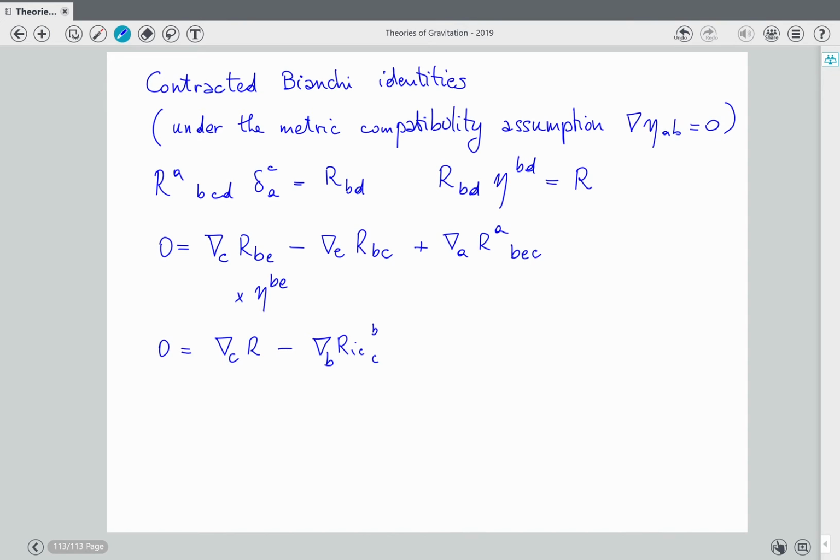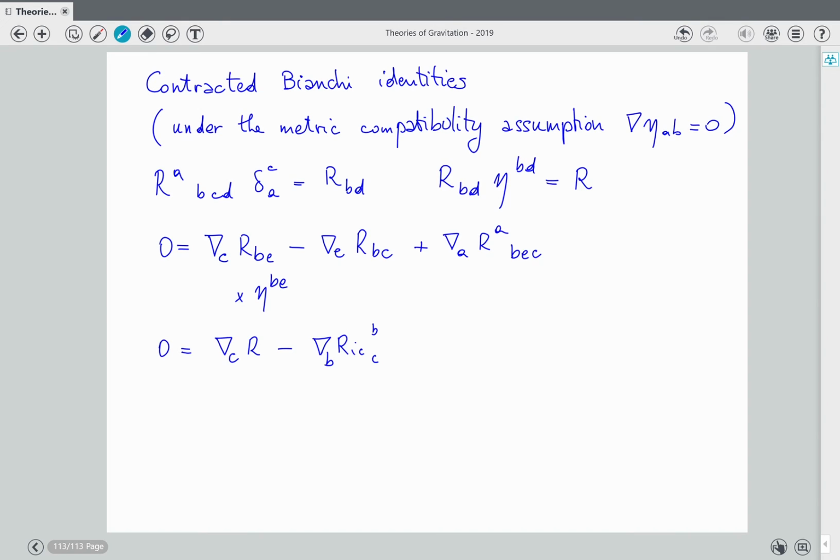It's a consequence of the properties of the Riemann tensor. We didn't see it, but we can see and mention it right now, in a minute.